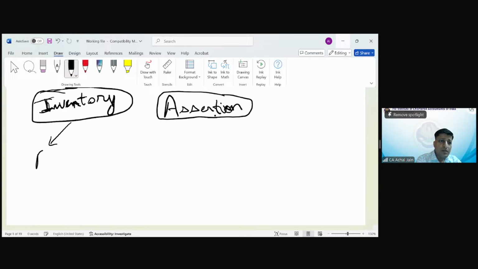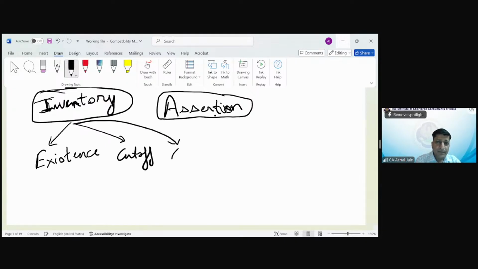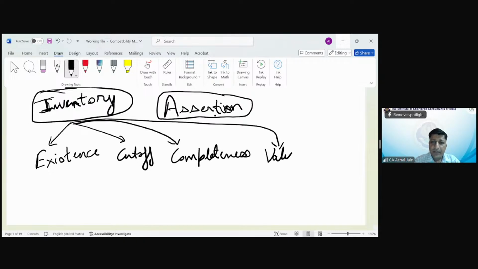Sir, for inventory, whether existence is there, whether the rights are rightly sitting on the account, is there any obligation, completeness, is the valuation done properly? Right, I'm writing down all of these points. Then you also have one point around rights and obligations.